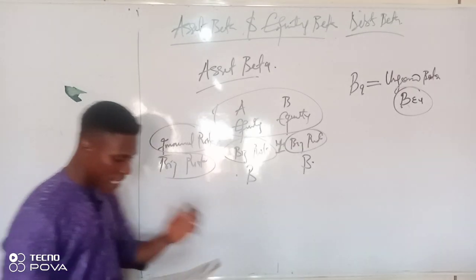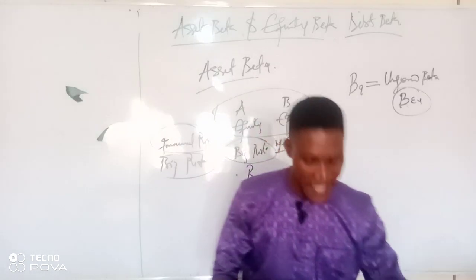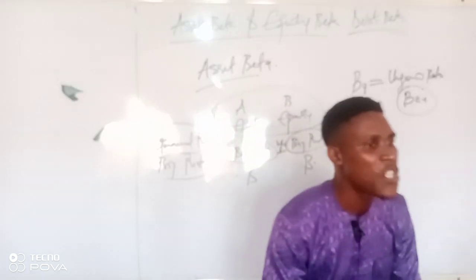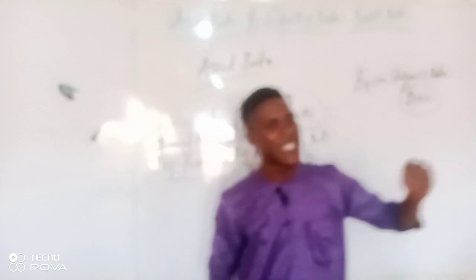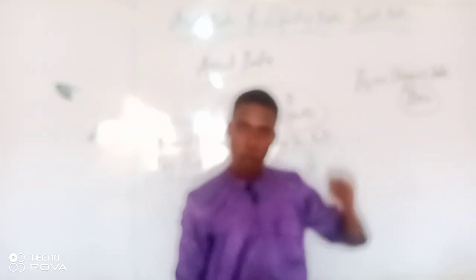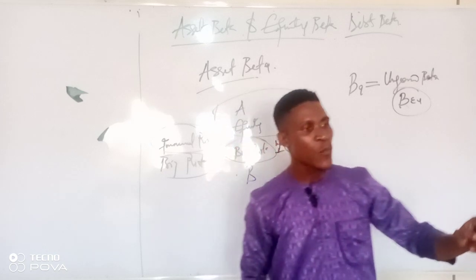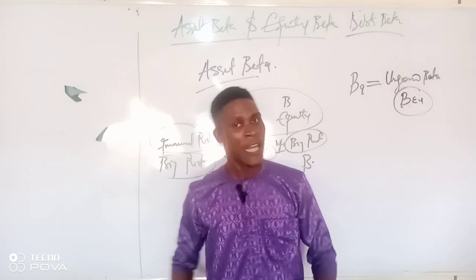Are we together? Now let's take a step further. The cost of equity increases to compensate equity investors for their financial risk. The moment your level of gearing is increasing, automatically your cost of equity will go up. It is increasing to compensate them for the financial risk that they are exposed to.